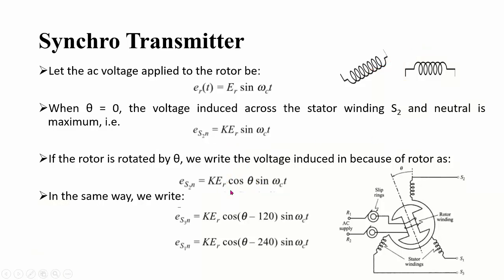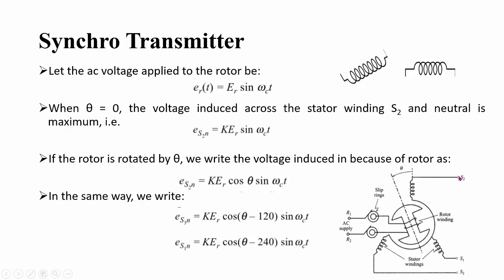So this is the secondary side voltage which exists at the S2 terminal at this particular coil, after changing the orientation of the primary side or the rotor. In a similar way, we can write the voltage that exists across S2n. N is neutral, here N means the neutral part, which is nothing but this arc-shaped part of the stator.